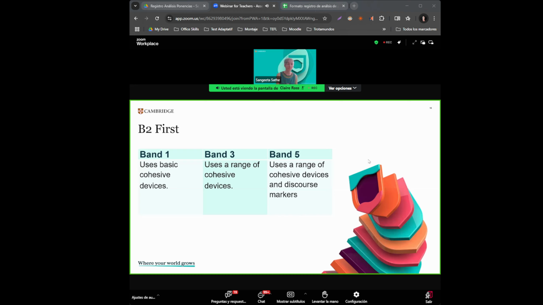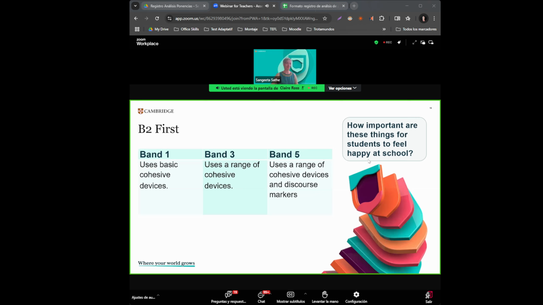Imagine we are doing part 3 of the B2 First for Schools speaking test, and we're talking about how important different ideas are for students to feel happy at school. As you listen, decide if Claire is giving an example that's more like band 1, band 3, or band 5, and tell us in the chat.